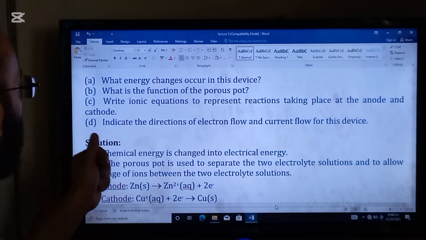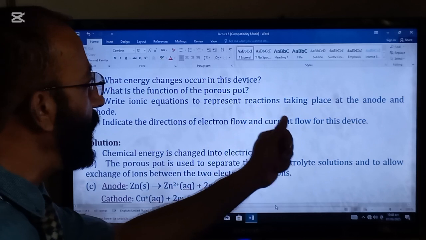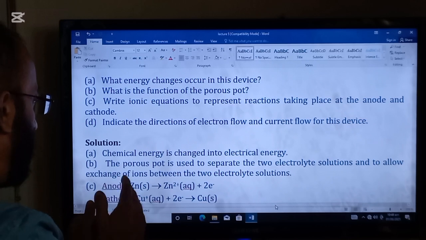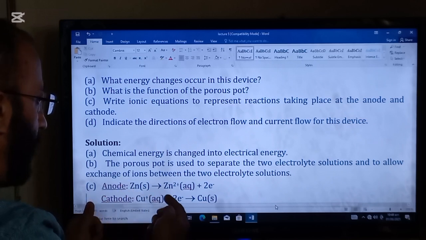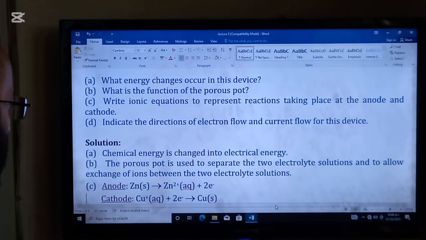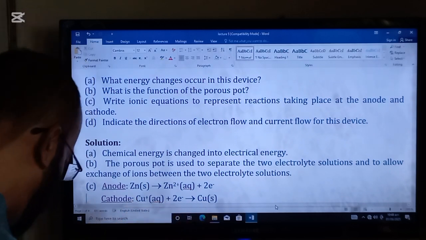C part is, write ionic equations to represent reactions taking place at the anode and the cathode. So the anode reaction will be Zn forms zinc ion, that is Zn2+, plus 2 electrons. And cathode reaction will be Cu2+ plus 2 electrons forms copper.